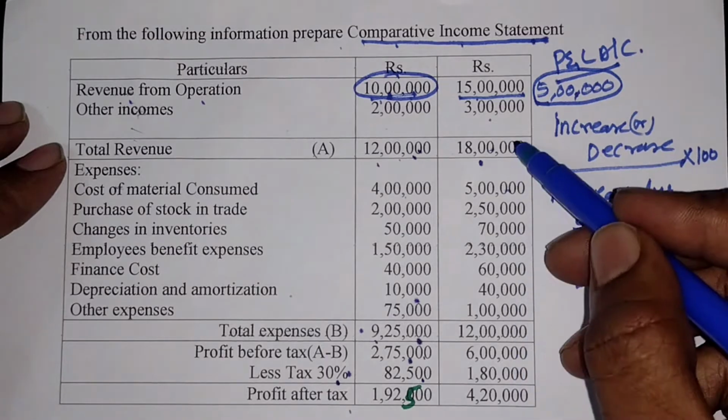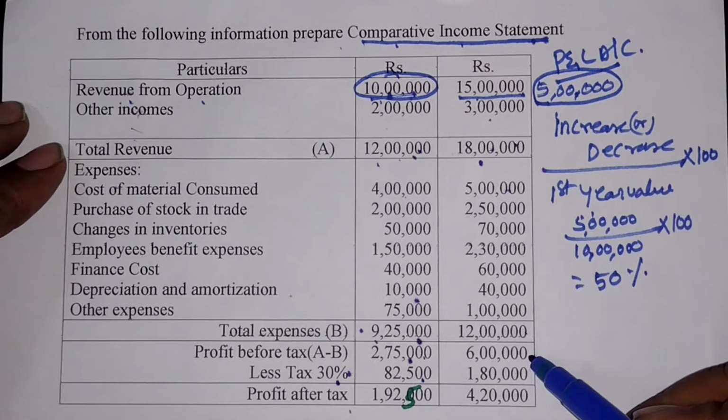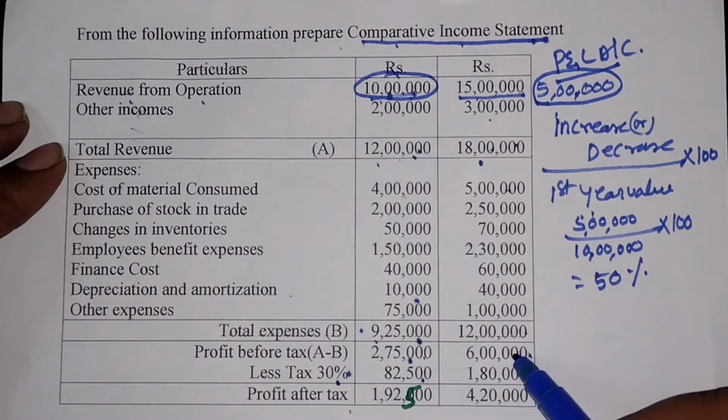On the second year it is 18 lakh minus 12 lakh, they get 6 lakhs. On that 6 lakh when you calculate 30% tax you get 1 lakh 80,000. 6 lakh minus 1 lakh 80,000, 4 lakh 20,000. So all this we are finding the difference whether it is increased or decreased.